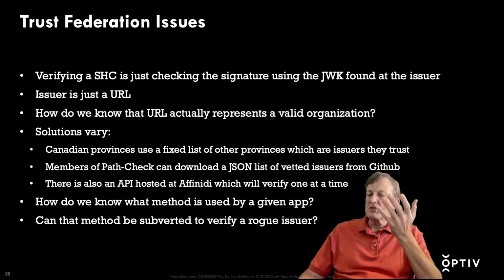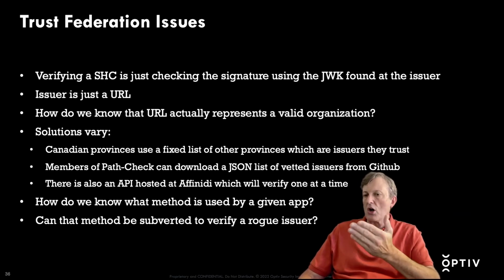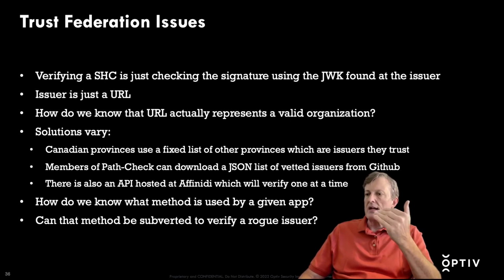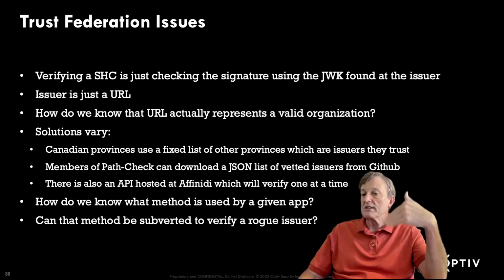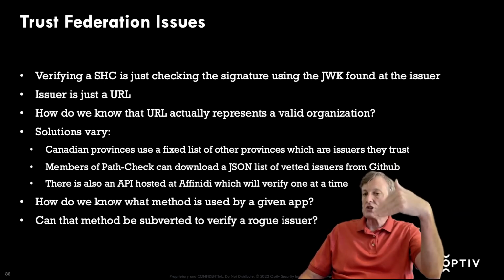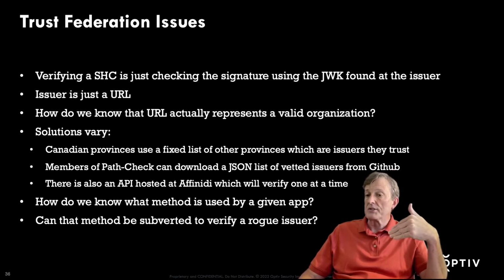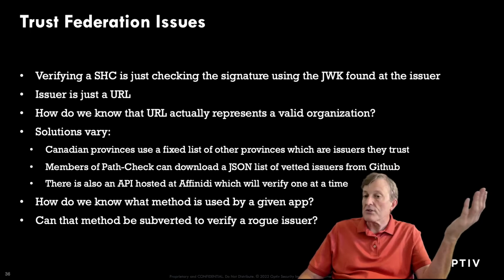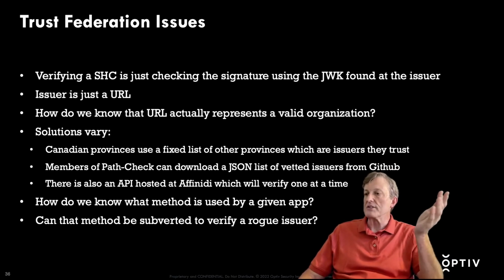You can solve it in a number of different ways. For instance, all the Canadian provinces have their own Smart Health apps for these cards, and most of them use a fixed list of which issuers they're going to trust, and that basically amounts to the other provinces, right?